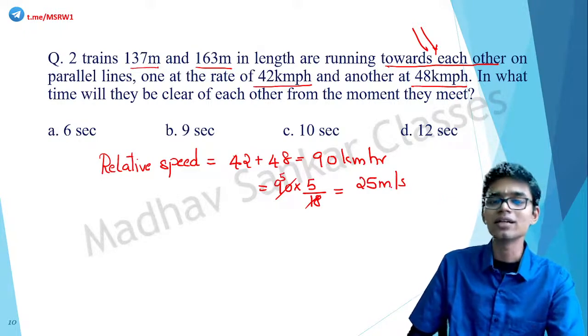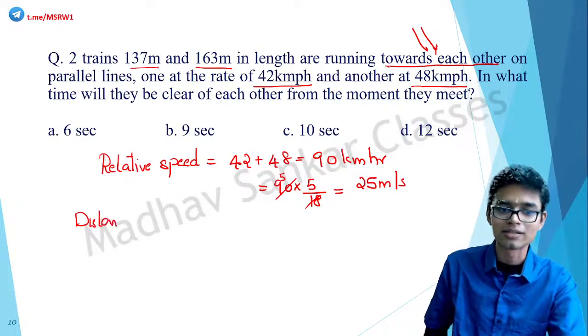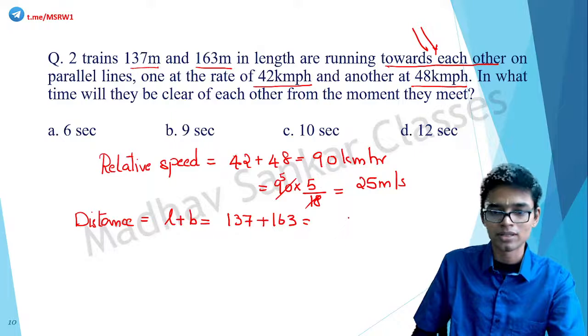Okay, so we have the speed. Distance, what is the distance? Distance is equal to L plus B, which is equal to 137 plus 163. How much is it? 7 plus 3, 10. 1, 1 plus 6, 7 plus 3, again 10. 1, 3.